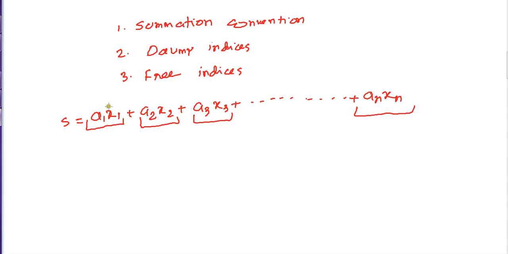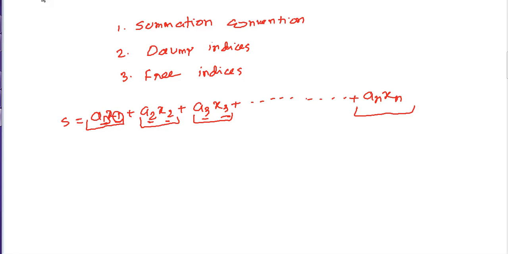In every part, there are two indices, a1 and x1, a2 x2, a3 x3. The index at a is 1 and the index at x is 1, so both indices at a and x are the same.